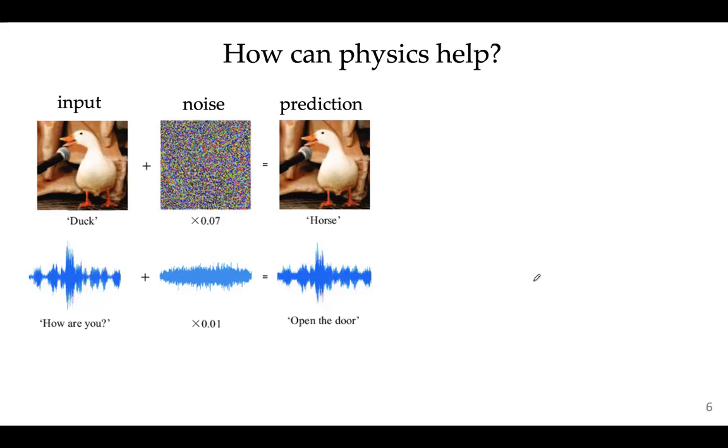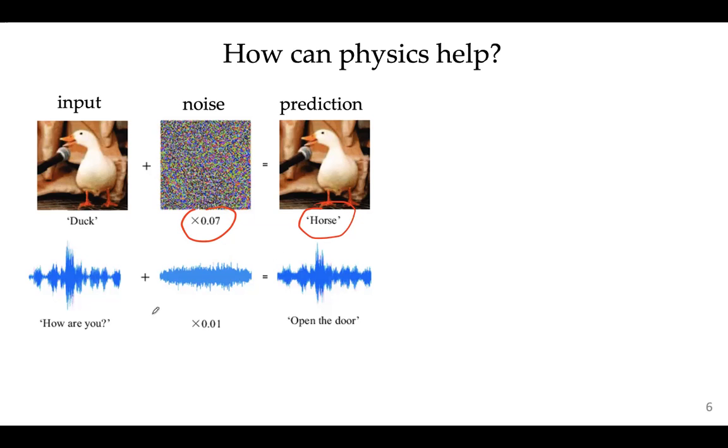If you feed the input picture, like this one, with some noise, almost like 7%, which is pretty low, and you feed the machine the input plus noise, then the prediction becomes irrelevant. The model makes a wrong prediction.